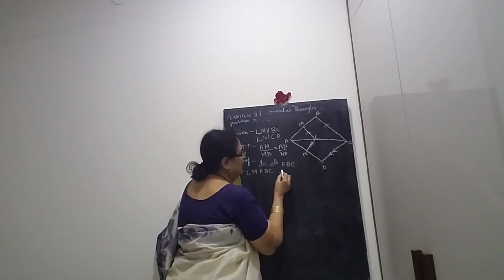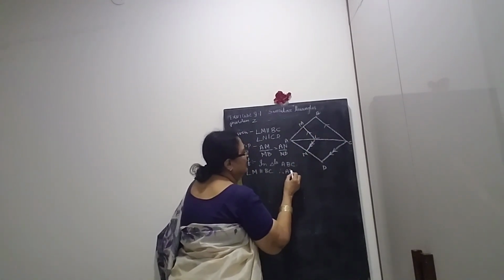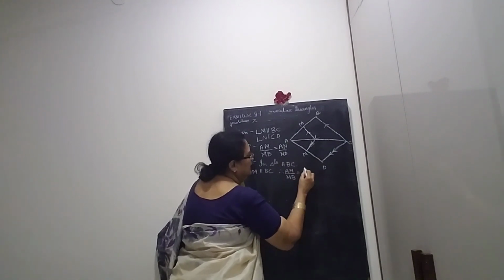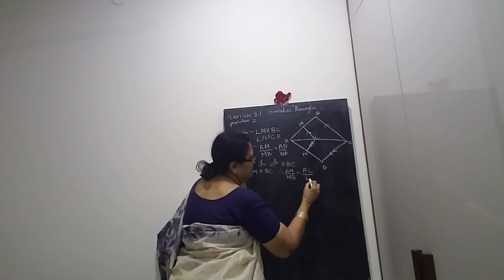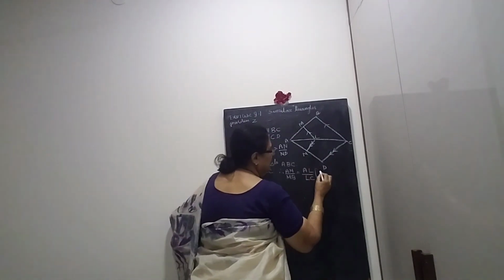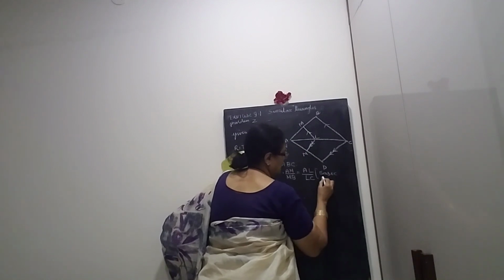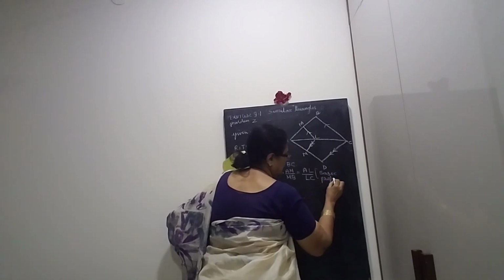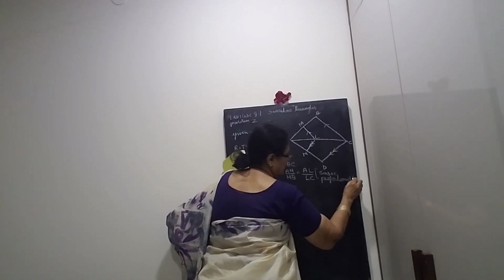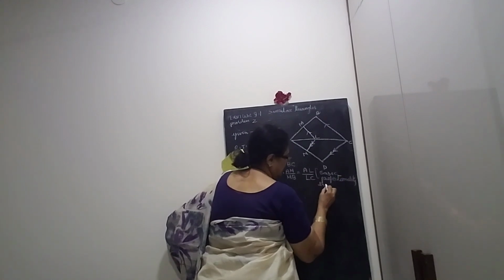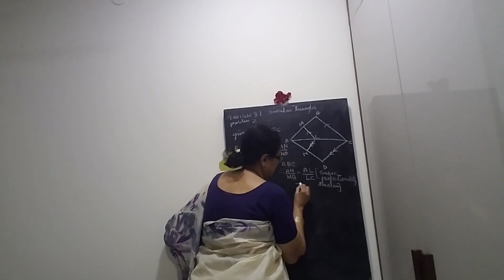Therefore, AM by MB is equal to AL by LC. This is by basic proportionality theorem. This is number 1.